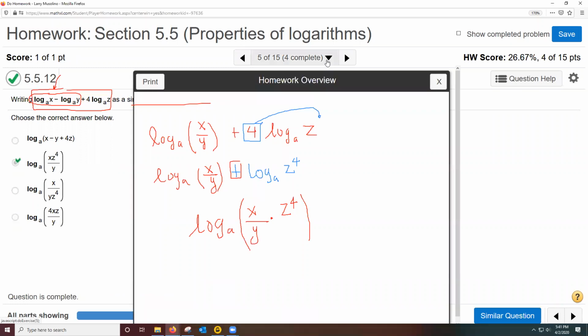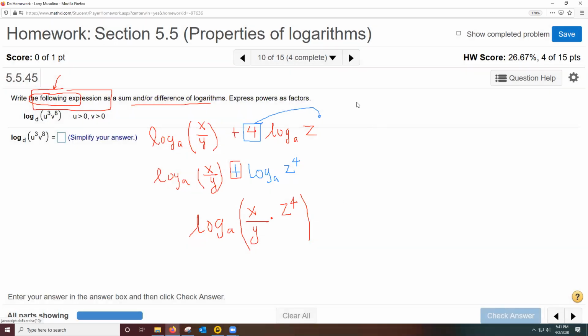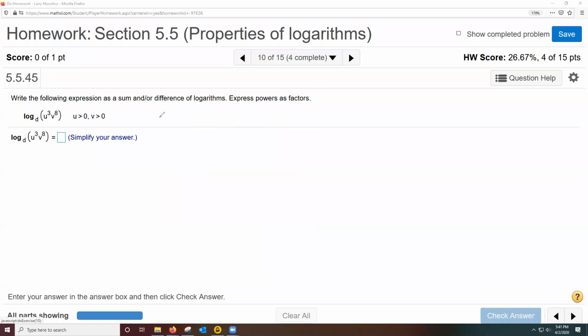All right, let me look at another example. All right, let's take this one. So this problem says write the log as a sum or difference. They're asking me to take this multiplication, and I remember that I can take a multiplication and rewrite it as the sum of the separate logs. So I'm going to do that.